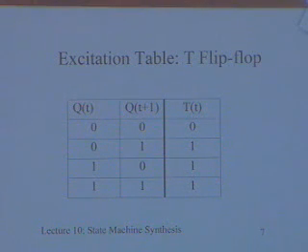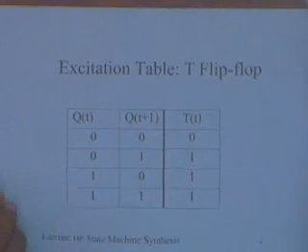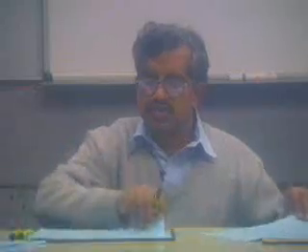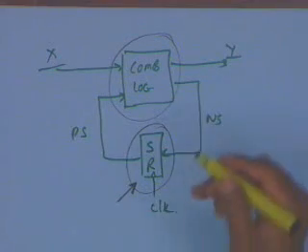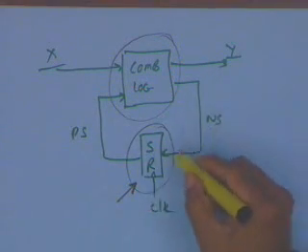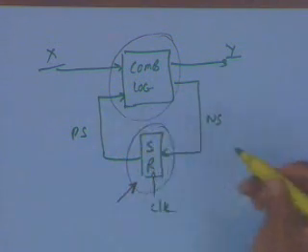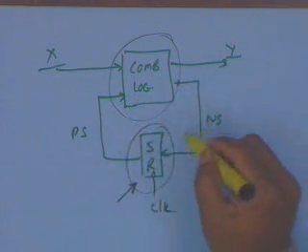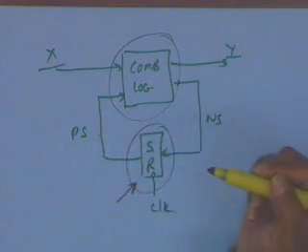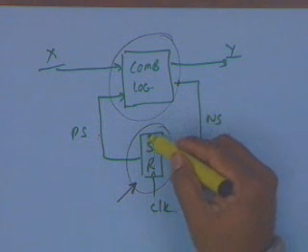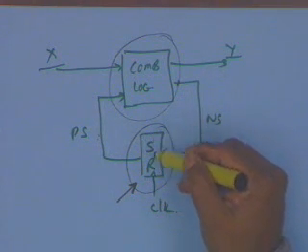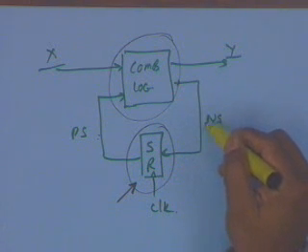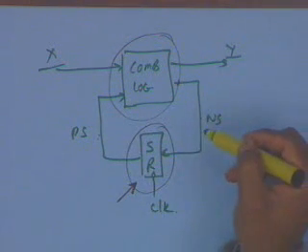What does an excitation table do? If I go back to this diagram, I have to make a transition from the present state to the next state. So I have to generate my next state, and this next state will become the next state over here. But if I am just implementing it with a set of D flip flops, this output will be nothing but the next state itself.